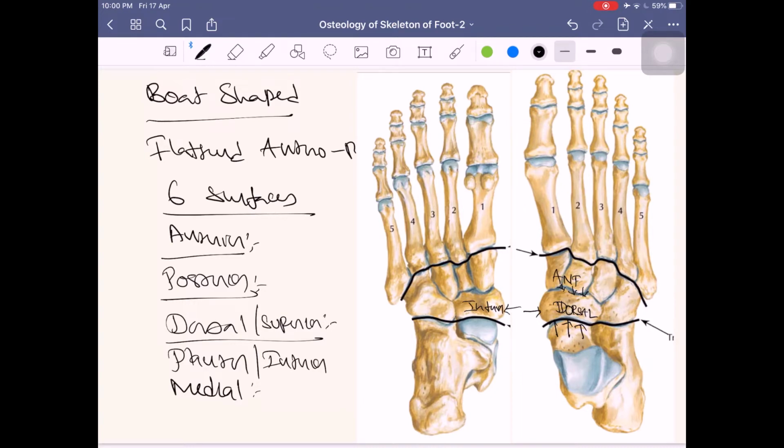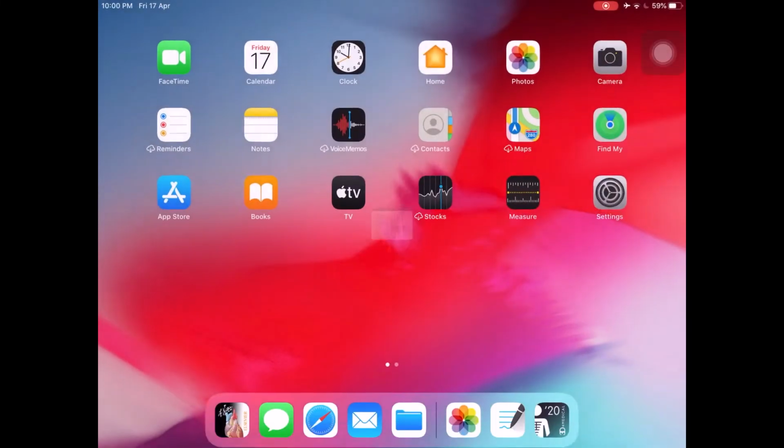This side is medial. And finally there is a lateral surface. In this case this is the lateral surface. It's very simple and easy. We'll talk a few lines about each surface.